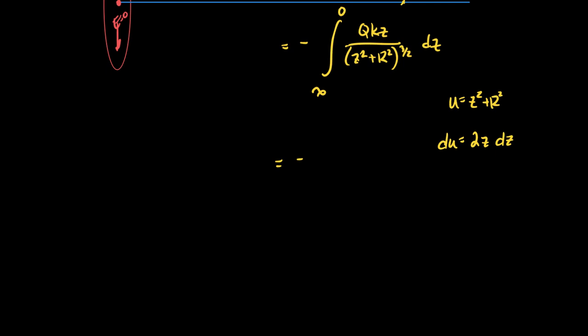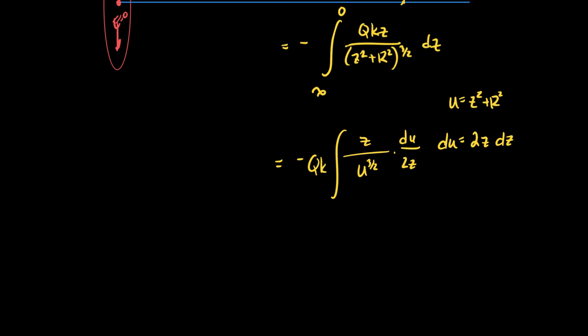For the time being, I'm going to move that q and k outside because they're just constants. And I'll get z over u to the 3/2 times du over 2z. Everybody good with all those substitutions? We follow that okay? If you've done U sub, you know what I'm doing.